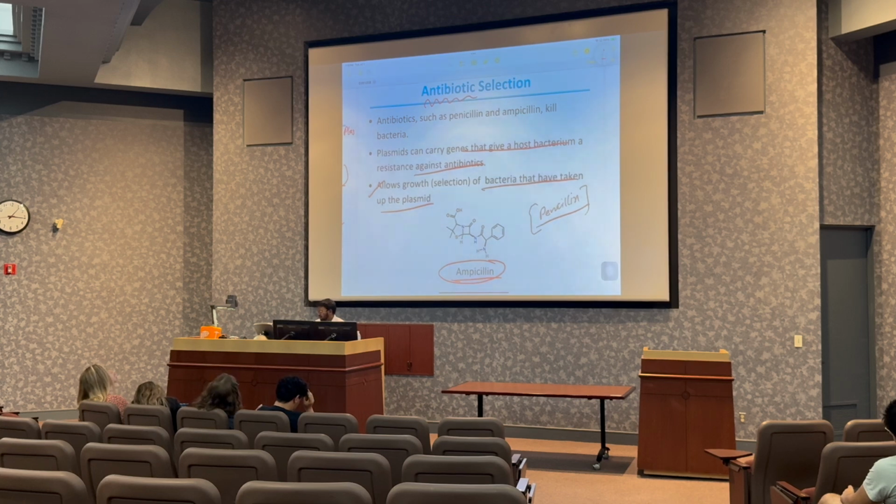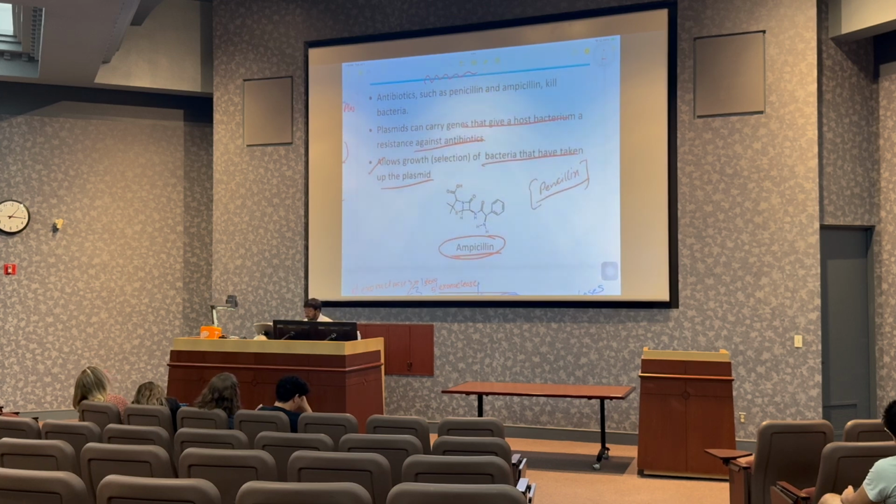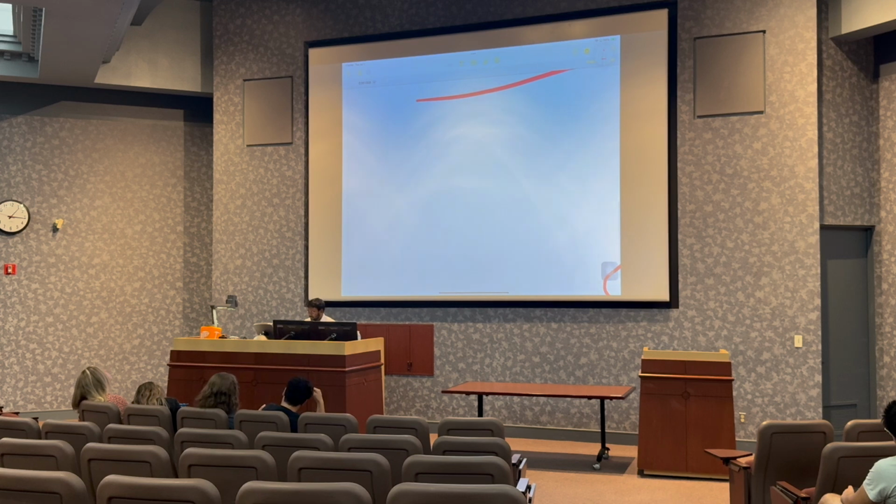So imagine I'm taking a plasmid. This is a plasmid, and it doesn't have any gene for antibiotic resistance. It is just a normal plasmid, but I have an antibiotic resistance gene somewhere. For example, for penicillin, AmpR means ampicillin resistance.